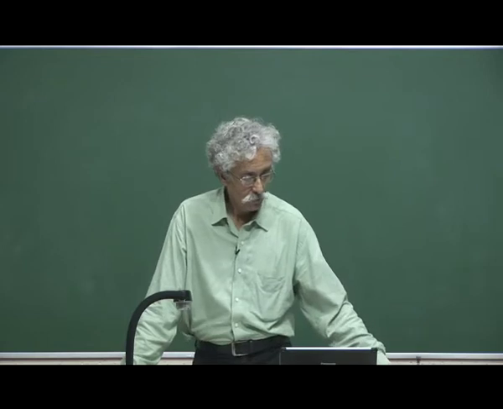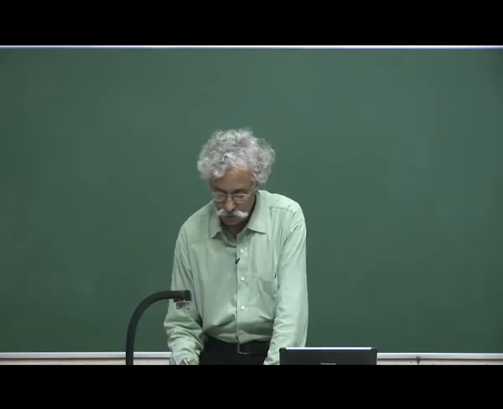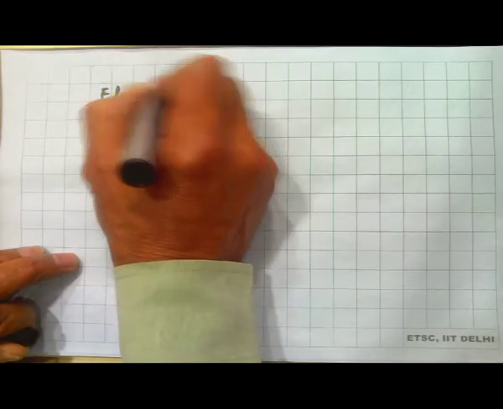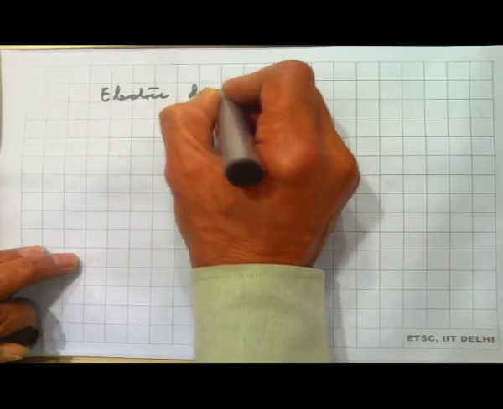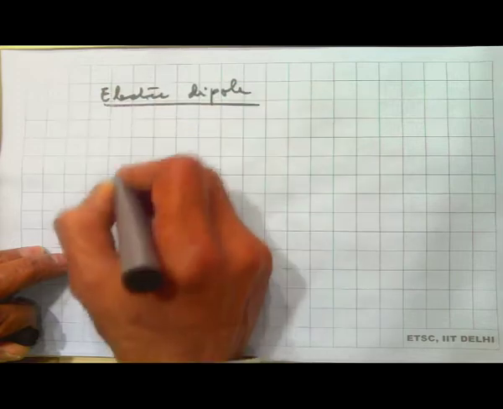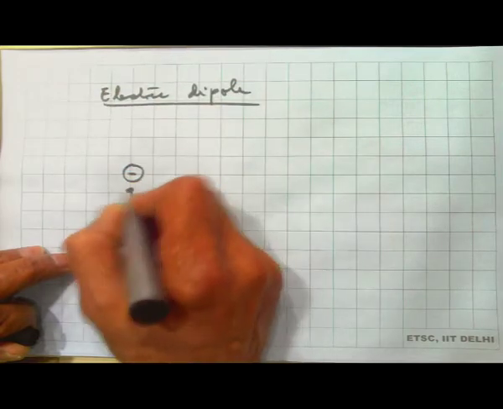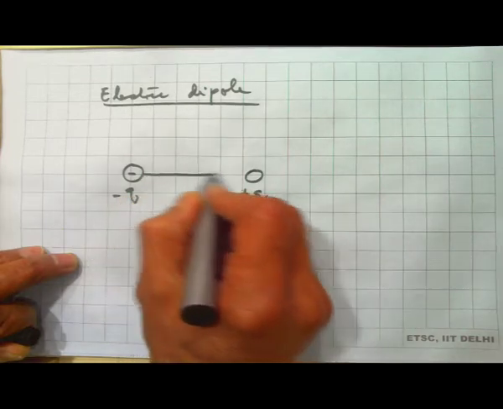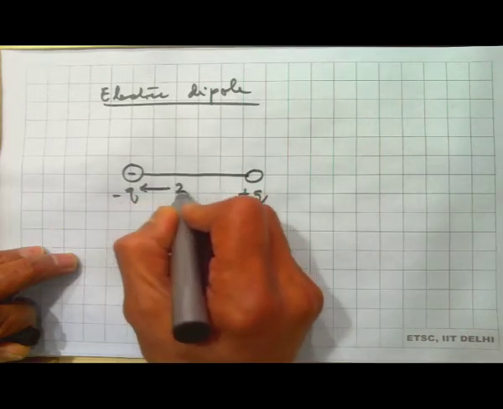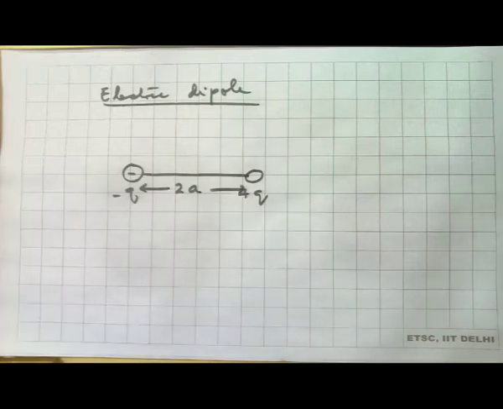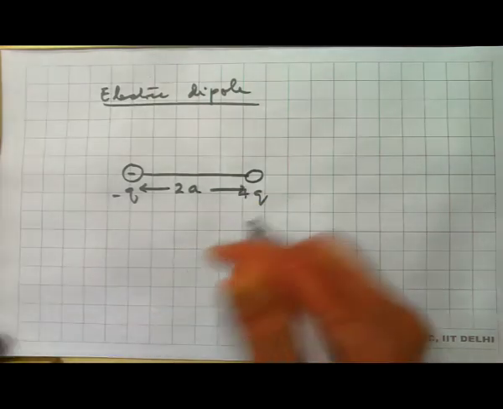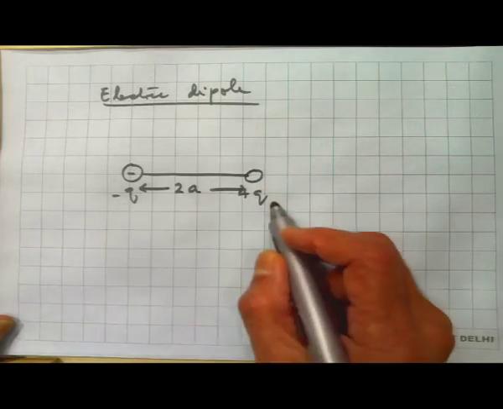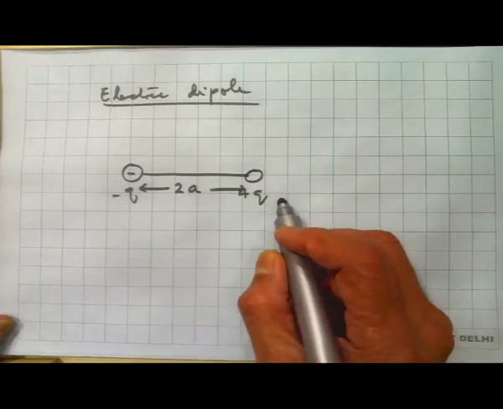Let me recall, a dipole consists of a negative charge minus q and a plus q separated by a distance which I am calling 2a. So, this is an electric dipole, two equal charges, one minus q, one plus q, separated by a certain distance 2a.